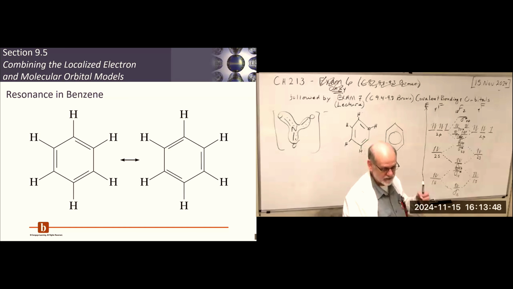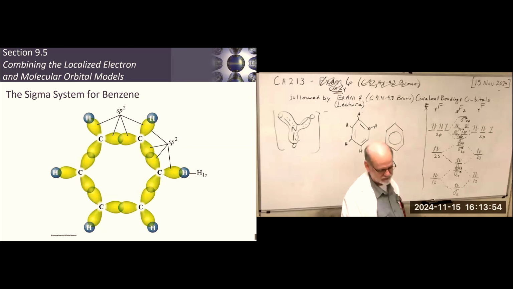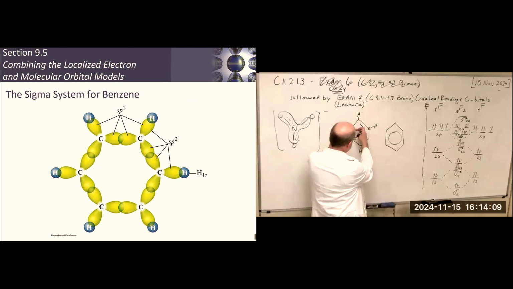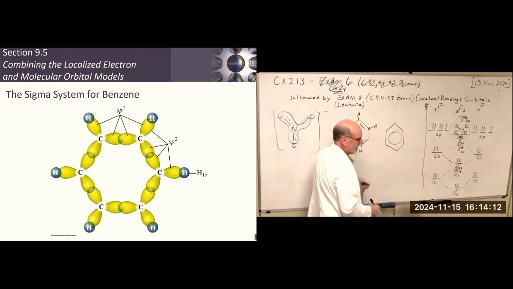And that can be demonstrated experimentally and mathematically with the molecular orbital theory. If we do the benzene here, using the hybridization model, then that's what we get. And then we would have to overlap p orbitals to get this, p orbitals to get that, p orbitals to get that.